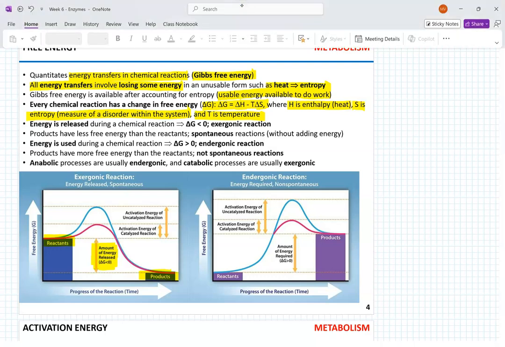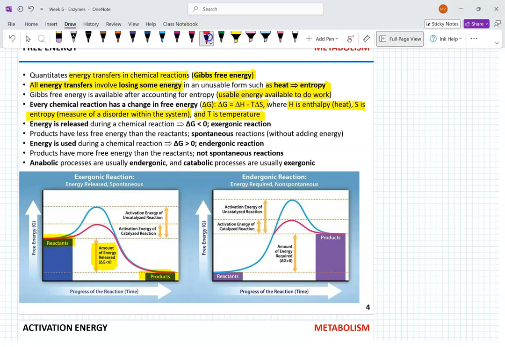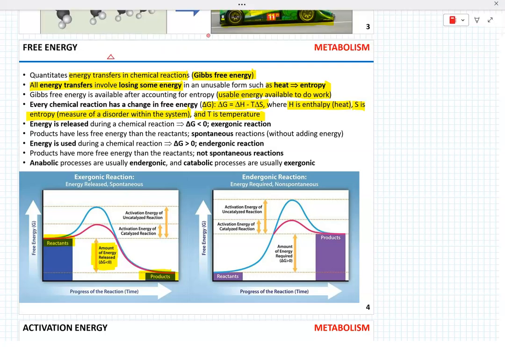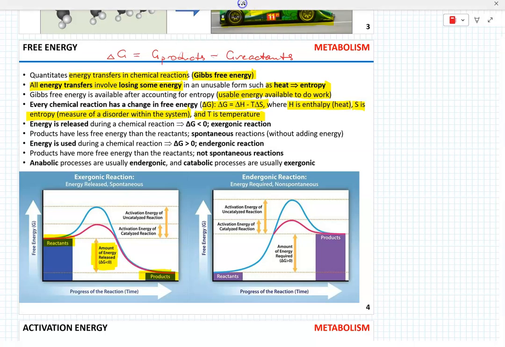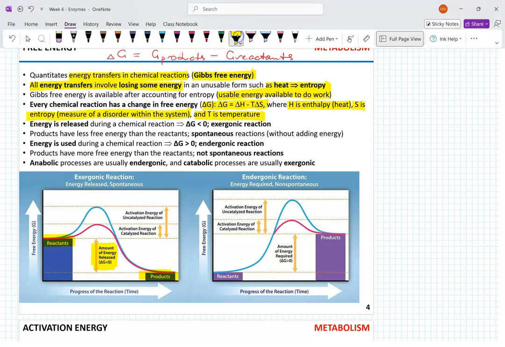Since the change in free energy means the Gibbs free energy of products minus Gibbs free energy of reactants, if the energy is released during the reaction, the change in the Gibbs free energy is negative.